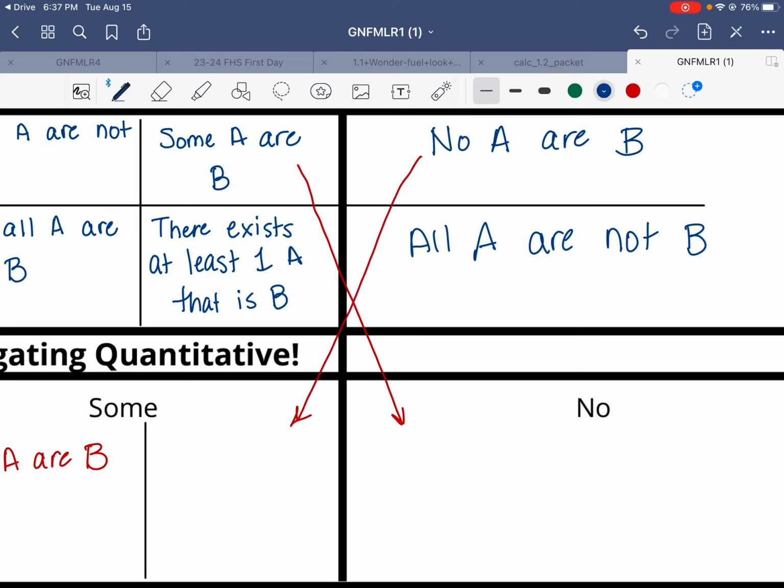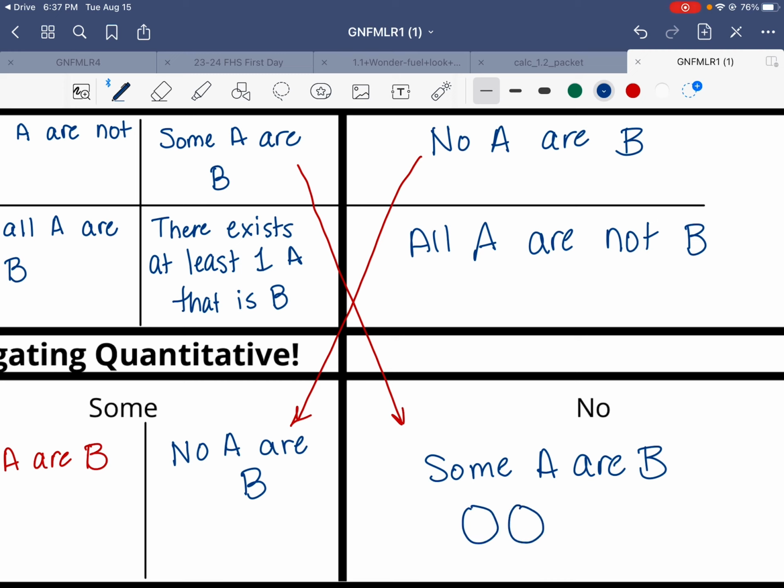So my negation on this is going to be no A are B. And this negation is going to be some A are B. And the reason why we can negate that is because if you take two things that are not connected and you start moving them together, then all of a sudden you have an overlap, and there are some of the A's that are now part of B. So that's where we get that statement.